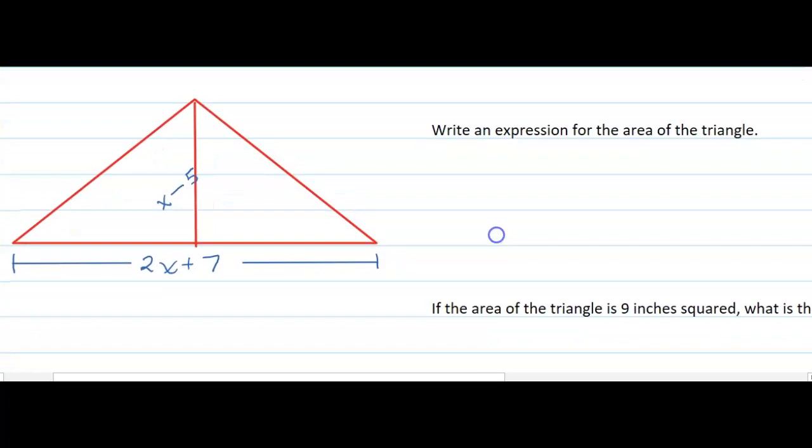What about a polynomial that represents the area of this triangle? Well, we know the area of a triangle formula is 1/2 base times height. Substituting, I have 1/2. The base is 2x plus 7, and the height is x minus 5.